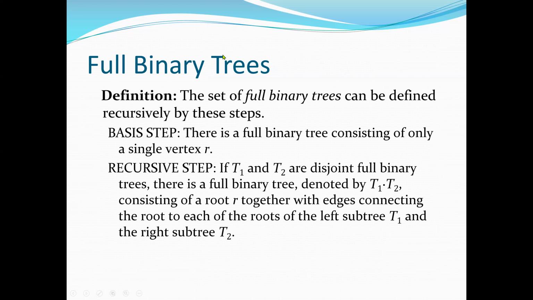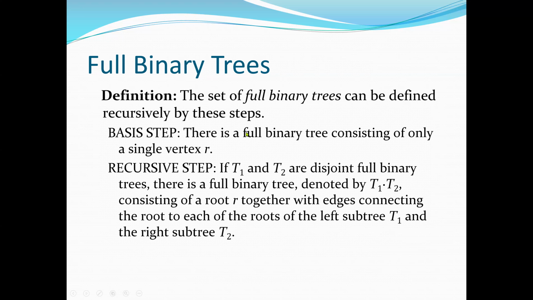We can also have what we call the full binary tree. A set of full binary trees can be defined recursively by these steps. The basic step: a full binary tree consists of only a single vertex. So that will be our basis.